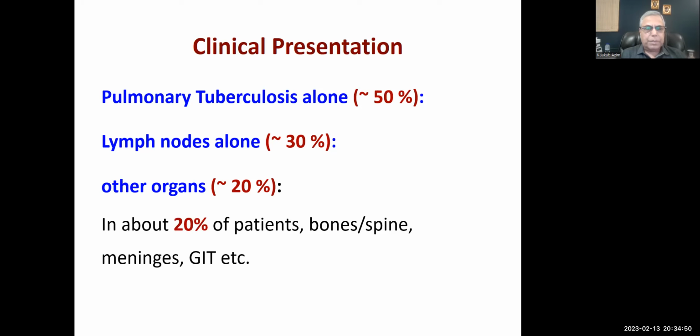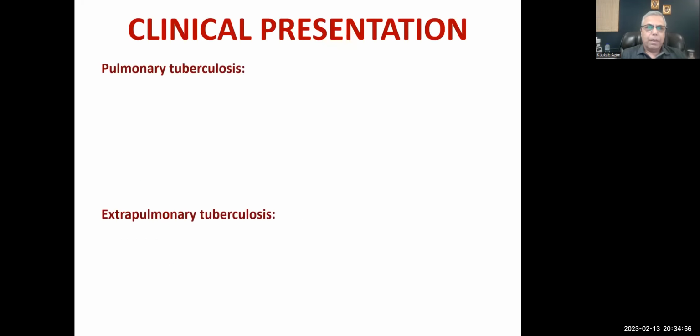And in about 20% of patients, bones, spine, meninges, GIT, these places could be involved. In cases of pulmonary tuberculosis, the symptoms are going to be from the lungs. And extrapulmonary tuberculosis will depend on where the tuberculosis is. If it is GIT, the patient will have GI symptoms. If it is bone, maybe he will have bone pains, okay?